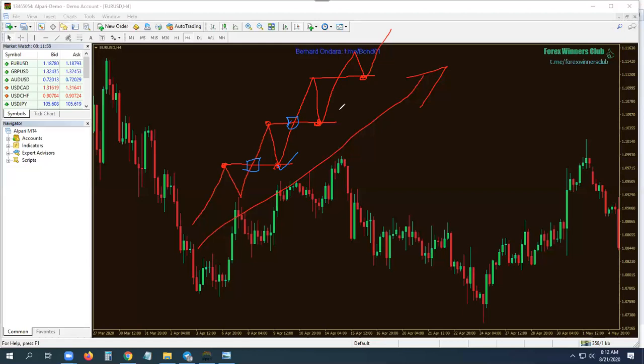Then you can look for a signal to buy. Wait for it to break your resistance, let it go up, come back to the exact same level or very near to it and give you a signal, then you can buy. If you are buying at this level, you are a pullback trader, a trend continuation trader. If you are trading exactly here, you are a breakout trader.